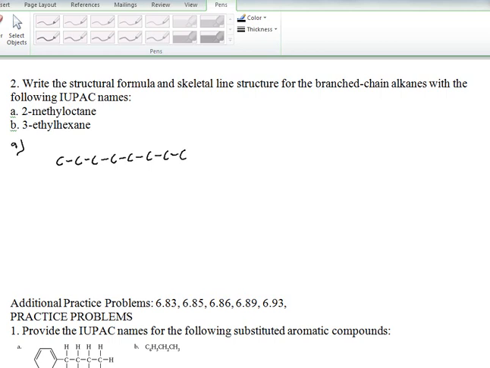Then we want to add the substituent 2-methyl. That's located on the second carbon. And it's a methyl group, so we put just 1 carbon on that substituent. Then it's a matter of filling in all of the hydrogens.